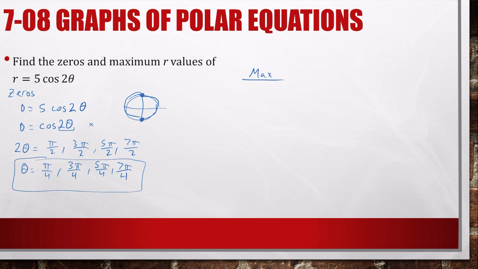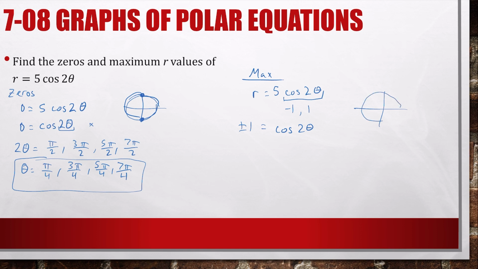For the maximums, we want this to be the maximum value. So this is going to occur when the cosine is the maximum. So what is the maximum value of cosine? That's when it's 1 or negative 1. So we want to know when this is 1 or negative 1.